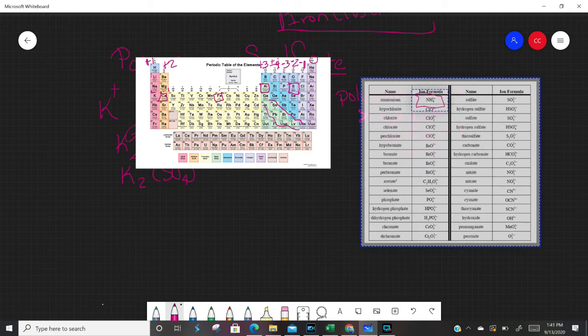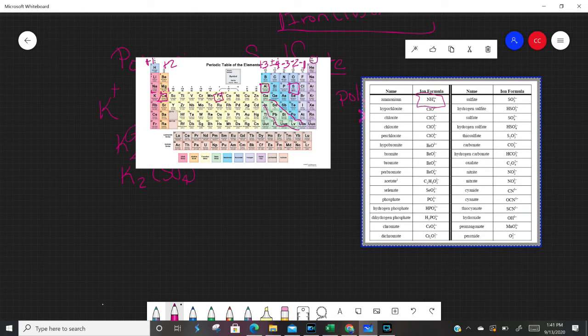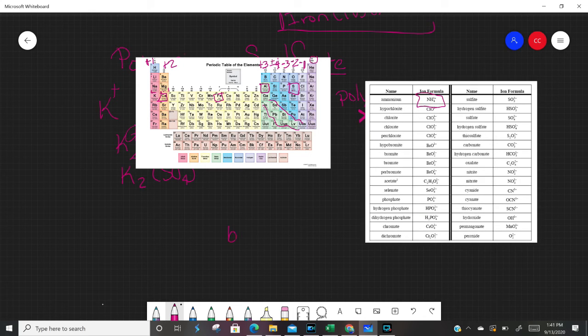So let's try one more. Let's do magnesium bromate. Magnesium has a +2 charge.